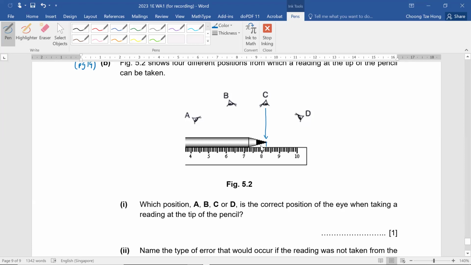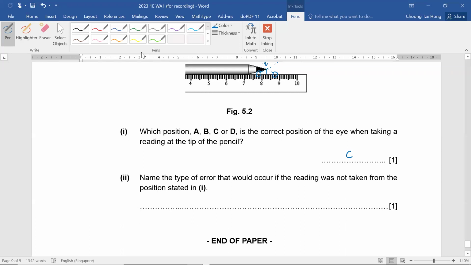For example, if you look from here, then you go to your eye, then you will read over here. If you look from here, then you will read over here. So the proper way to put your eye will be directly above, or aligned with the marking to be read. In this case, the answer will be C. Name the type of error that will occur if the reading was not taken from the position stated. The answer will be the parallax error.